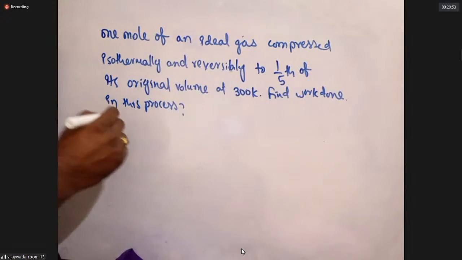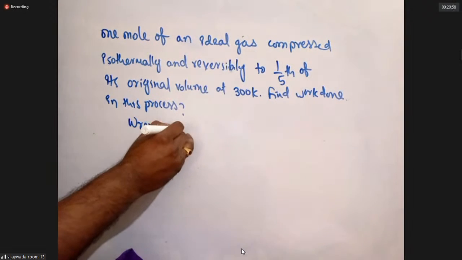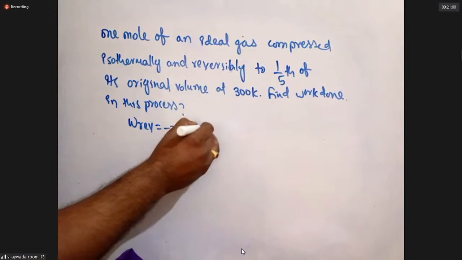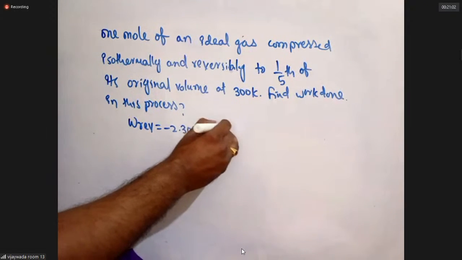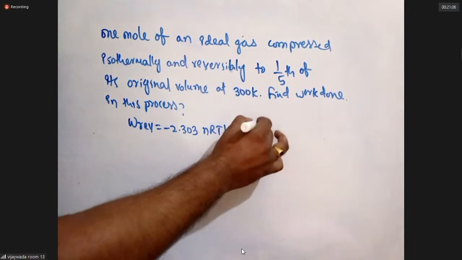So the equation for this reversible work done is minus 2.303 nRT log V2 by V1, base 10.